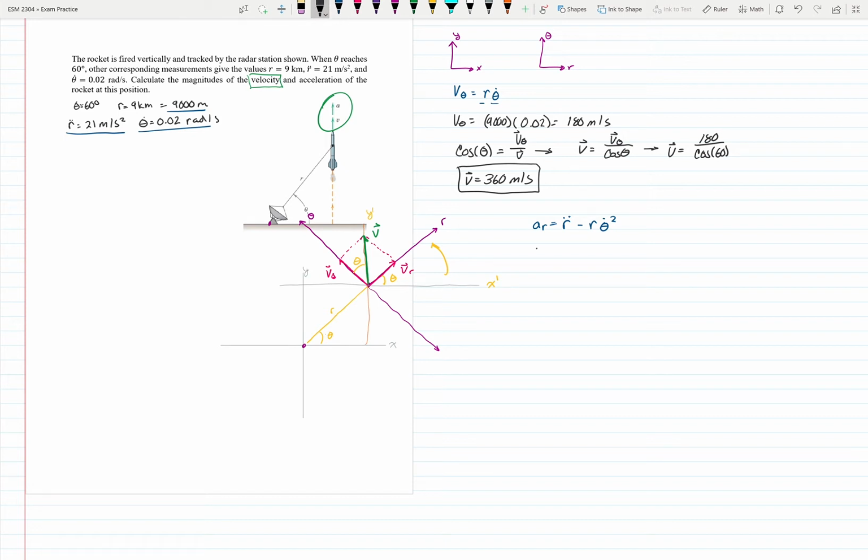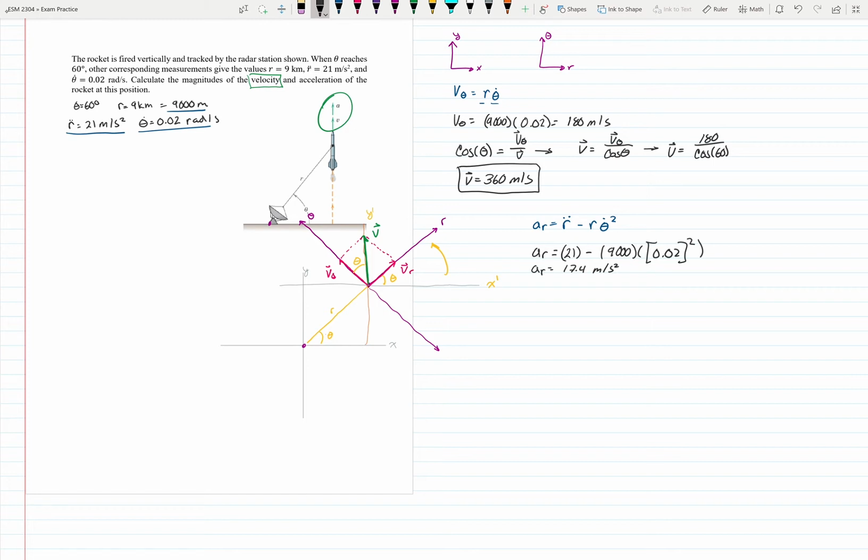So we know that our acceleration in the r direction is equal to 21 minus 9,000 times 0.02 squared. And this ends up giving us that our a r is equal to 17.4 meters per second squared.